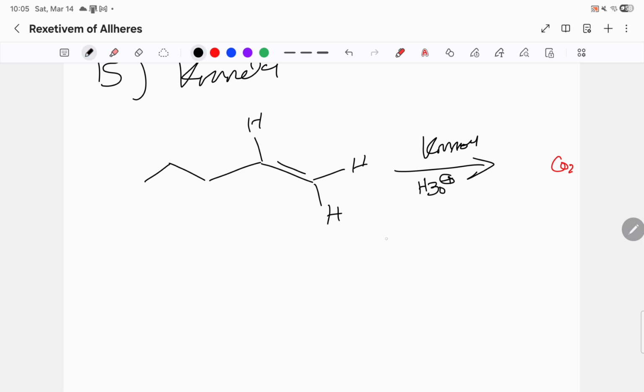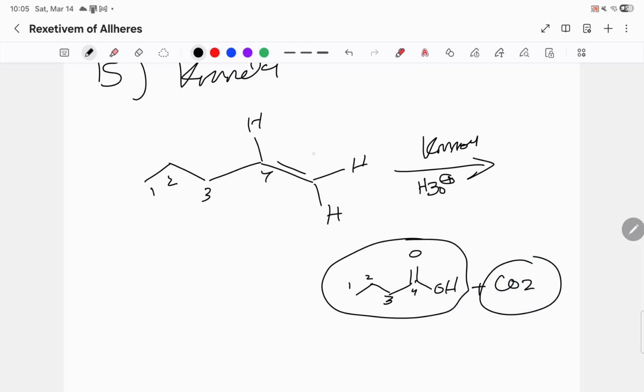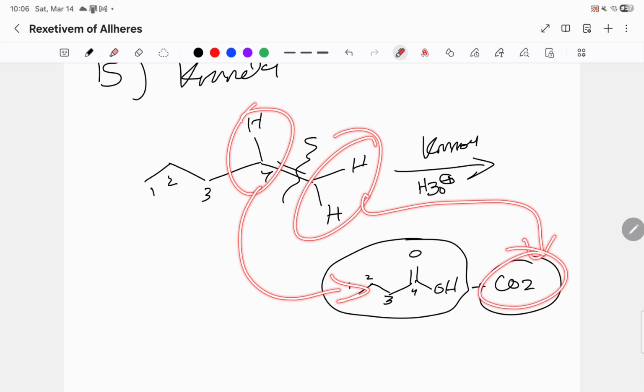So the entire product will look like this. 1, 2, 3, 4 carbons. So 1, 2, 3, 4. And my CO2. So this is what the oxidative cleavage of this compound with KMnO4 in acid gets me. It gets me, again, this specific portion gets me the carboxylic acid. This terminal part of the alkene gets me this CO2.